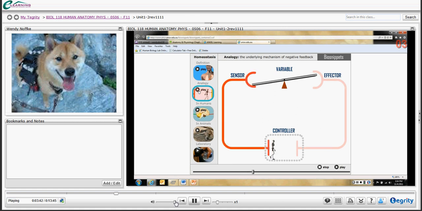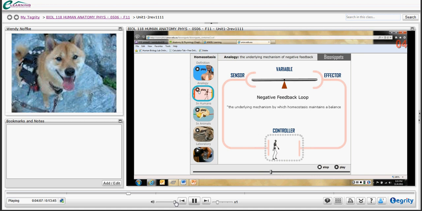Here we have a variable represented by the seesaw that must be maintained within a certain range of values. When an external stimulus causes this variable to change beyond an acceptable range, a sensor, which is monitoring the state of the variable, detects this variation and relays the information to a control center.